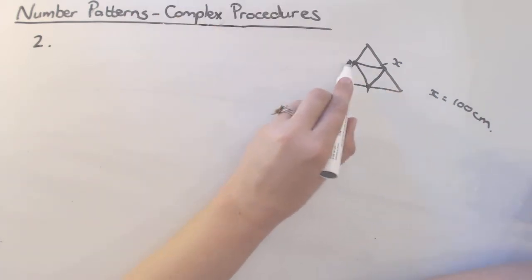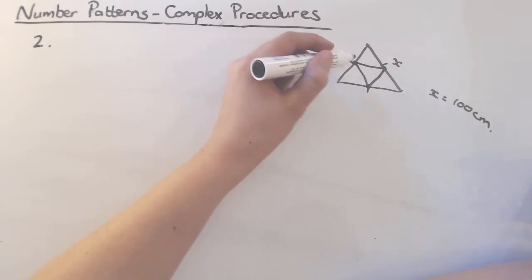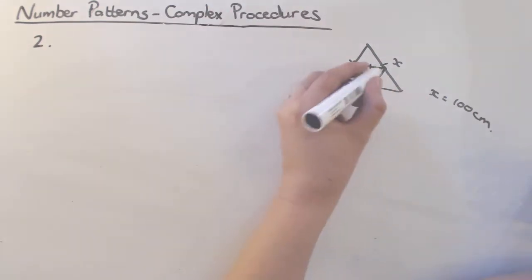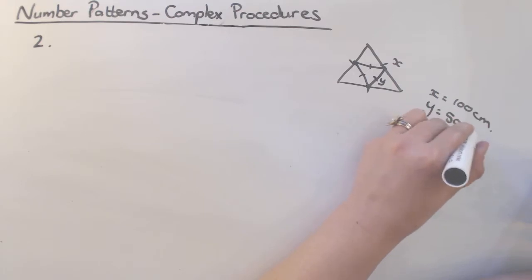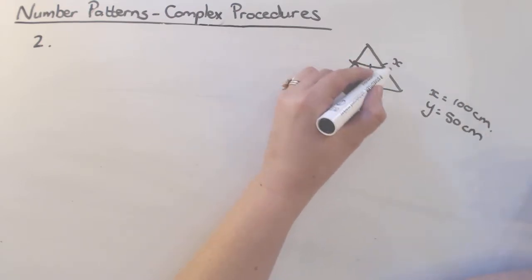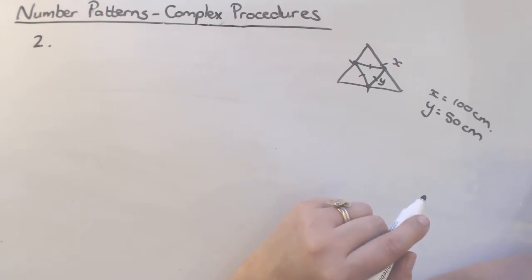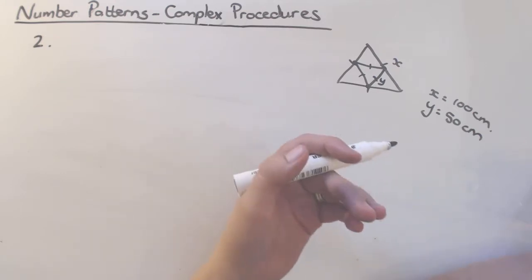Now this equilateral triangle, can you see, will be 50, 50, 50. So the new equilateral triangle will have side lengths of 50 centimeters. If I join the midpoints, then that's 50, 50, and then this is also 50. This process continues indefinitely.